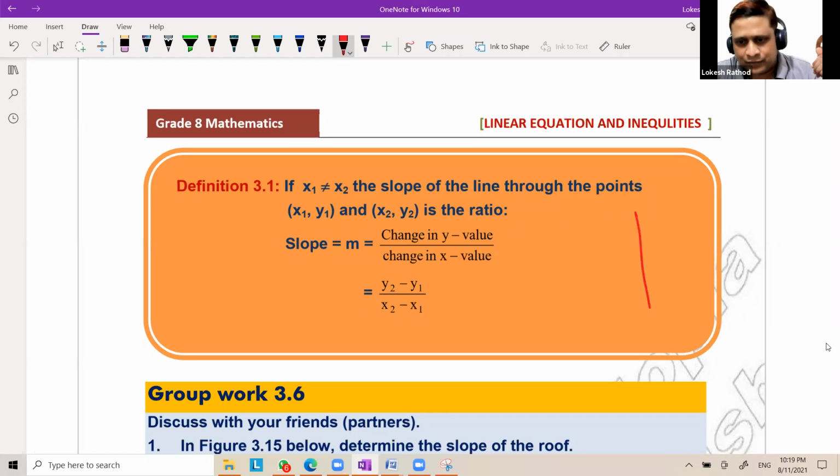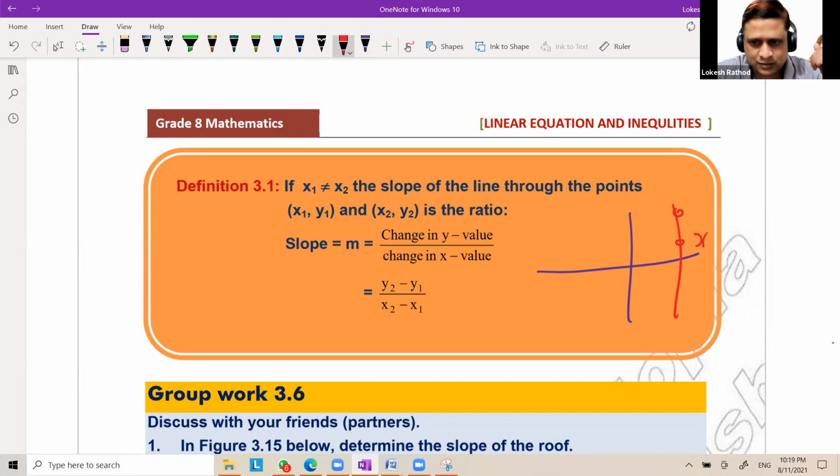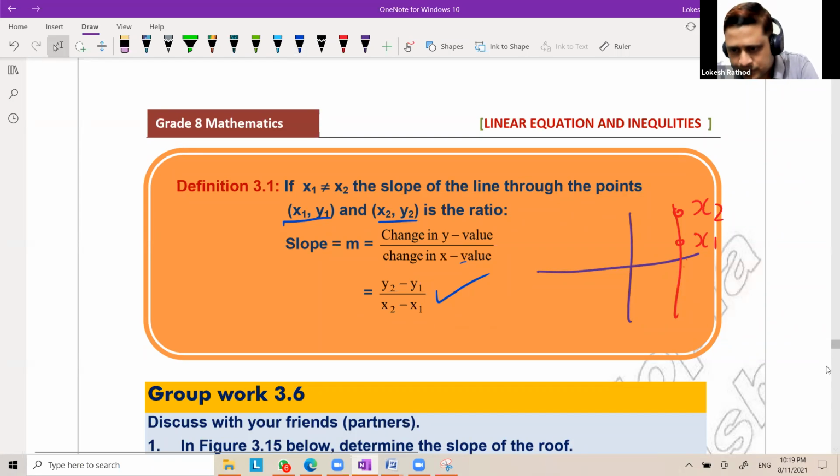If a line is a vertical line, then x1 and x2 are the same, the x coordinates are the same. So if the line is not vertical, the slope of a line through the points (x1, y1) and (x2, y2) is the change in y value over the change in x value, that is (y2 minus y1) over (x2 minus x1).